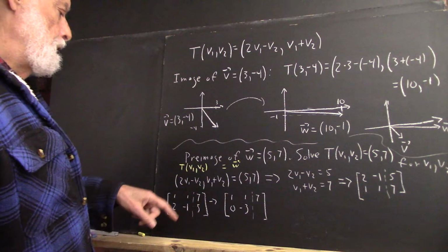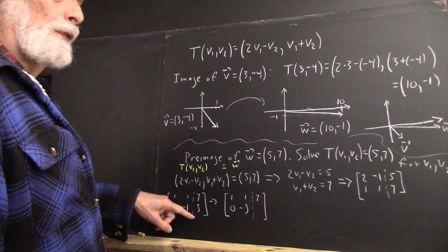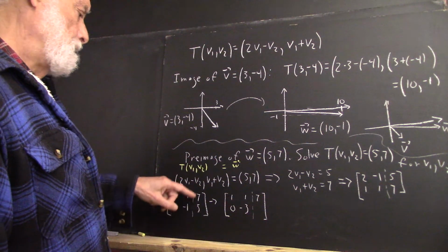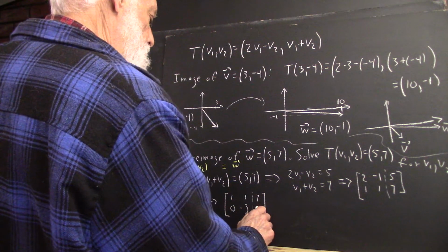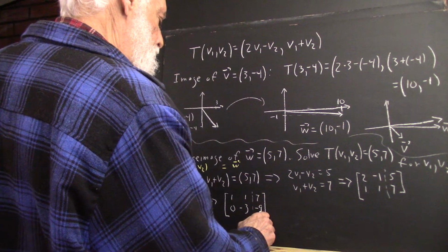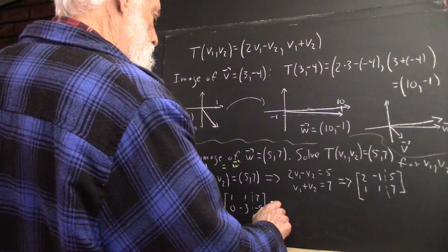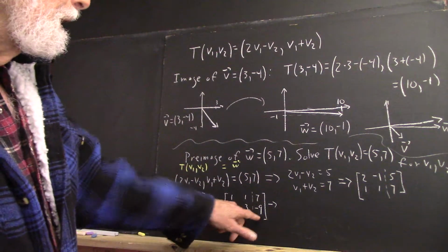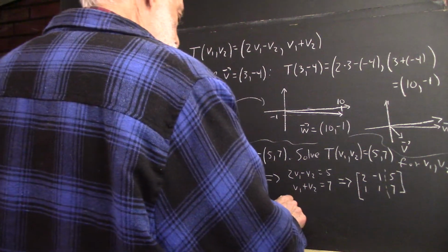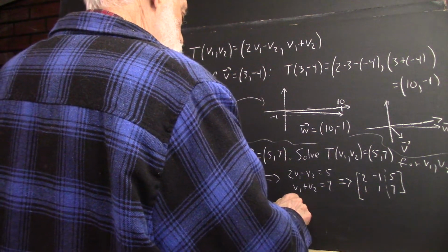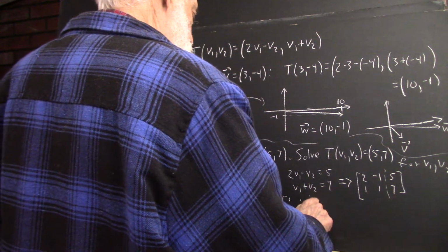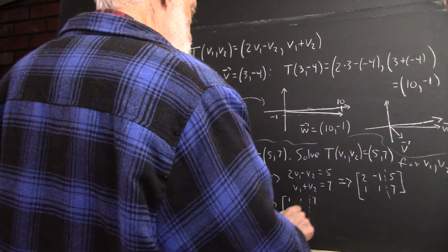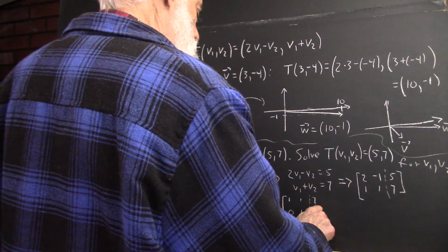And 2 times 7 is 14, subtracted from 5, that's going to give me negative 9. And conveniently, I didn't set it up that way, I am going to get an integer down here. This gives me 1, 1, 7, 0, 1, 3.